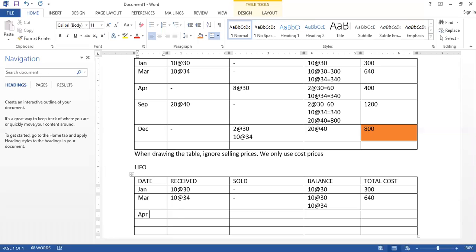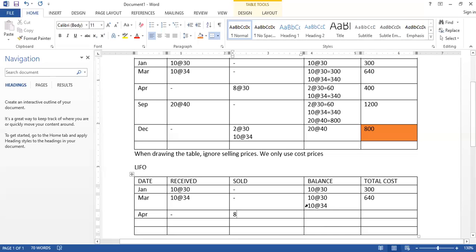That's where the LIFO comes in. So we did not receive anything, but we sold. How many items did we sell? We sold 8 items. So the rule says last in, first out. So what came in last should be sold out first. Now looking at these balances, the 10 at 34 is the one that came in last. So it should be sold out first. So with the LIFO, you start from the bottom.